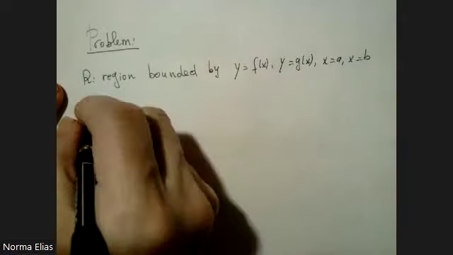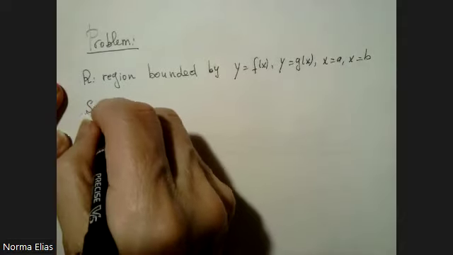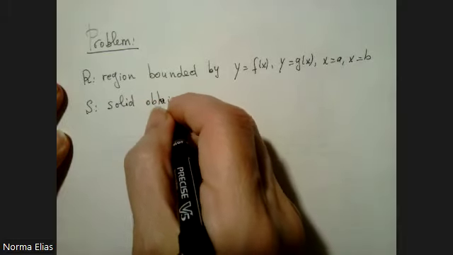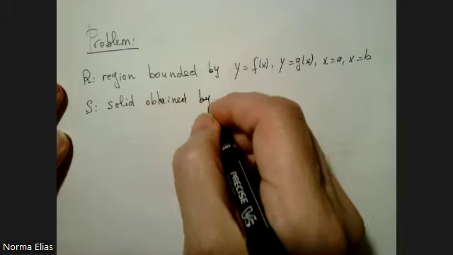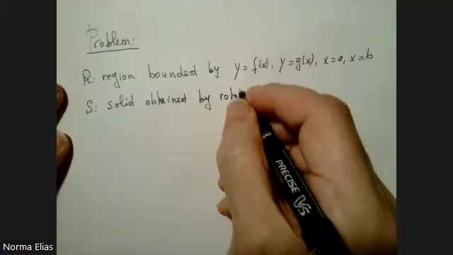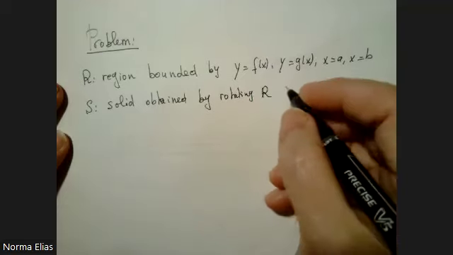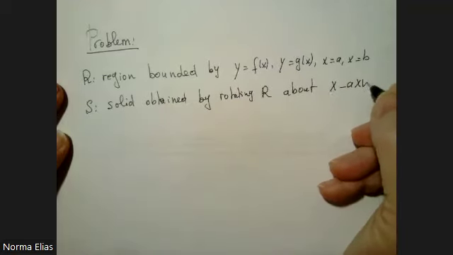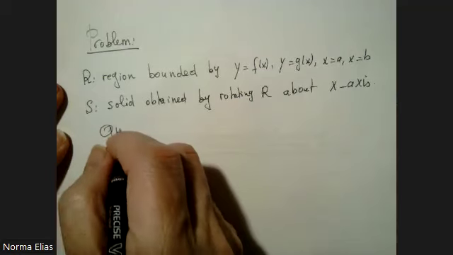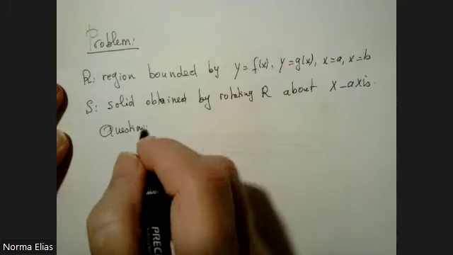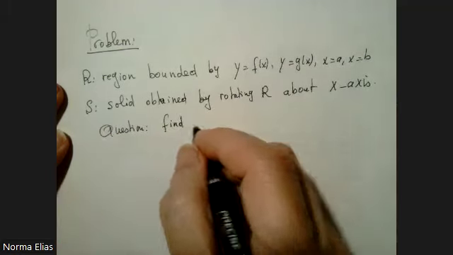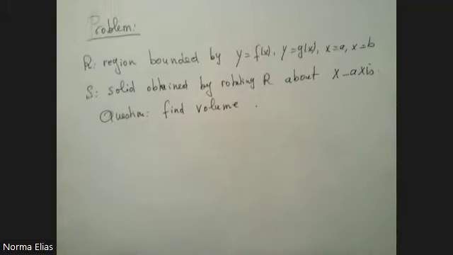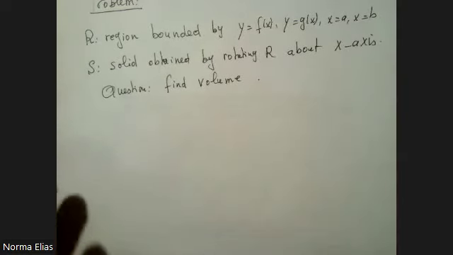So it's just a curve. Consider the solid obtained by rotating R about the x-axis. The question is, find the volume.